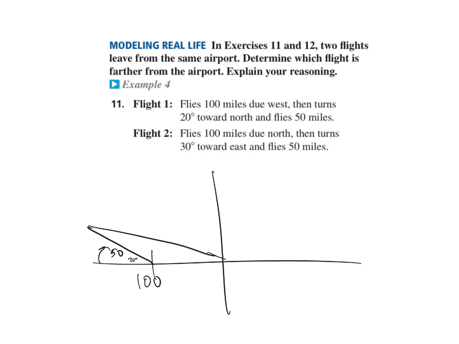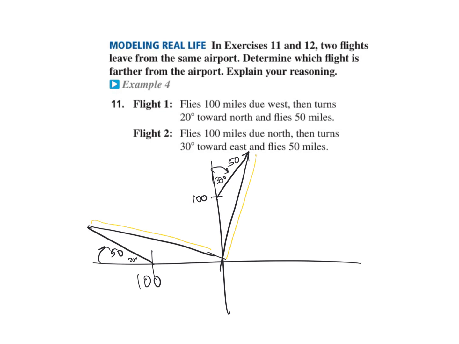Now, flight 2 flies 100 miles due north, then turns 30 degrees to the east, and flies 50 miles. So if both flights have these degrees, 20 degrees here and 30 degrees here, we can figure out how far away they are from the airport by doing supplementary angles.